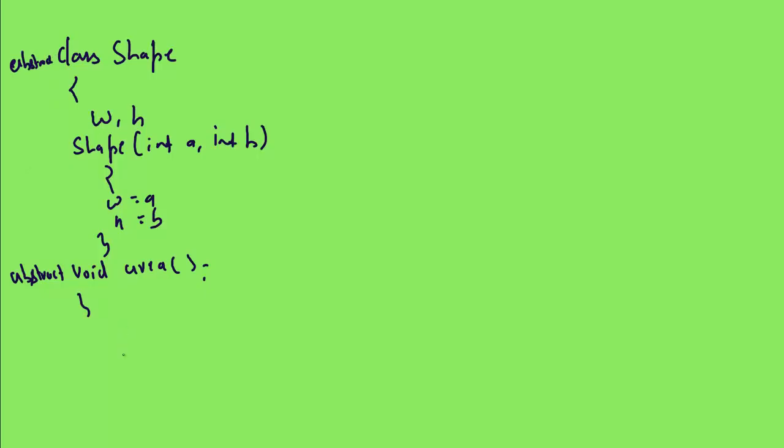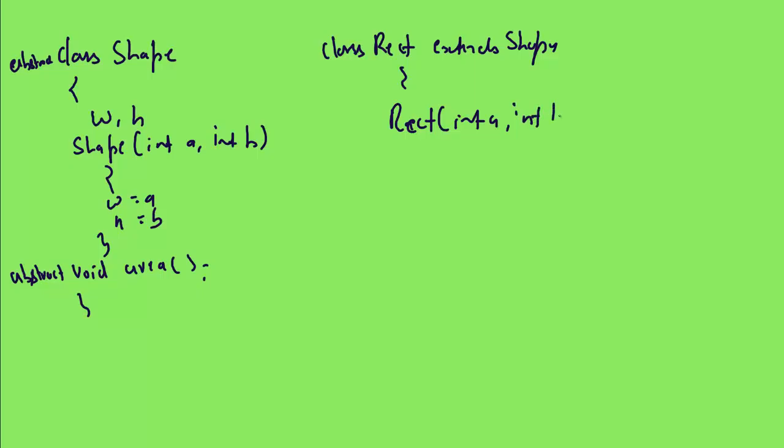Correct, right? So now there is a class called Rectangle which extends Shape. This will have its own constructor. There is an area method which I need to give the implementation for.